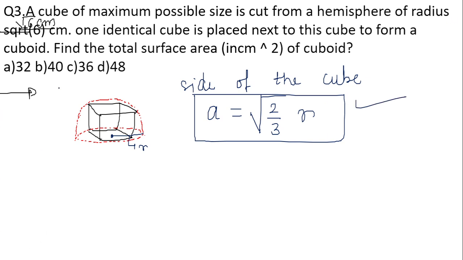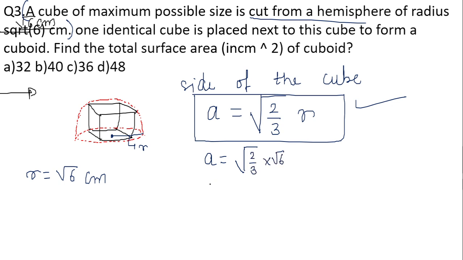What they have given is a cube of maximum size possibly cut from a hemisphere of a radius. Radius is mentioned, radius is equal to under root of 6 centimeter. One identical cube is, now this is the first part of the question. We'll find the side of the cube first. A is equal to under root of 2 divided by 3 into under root of 6.